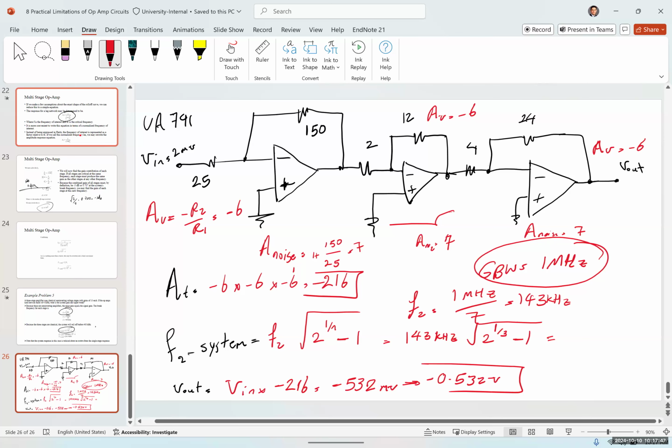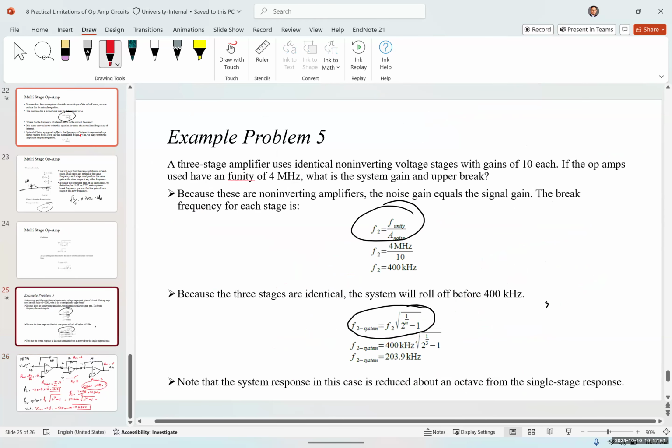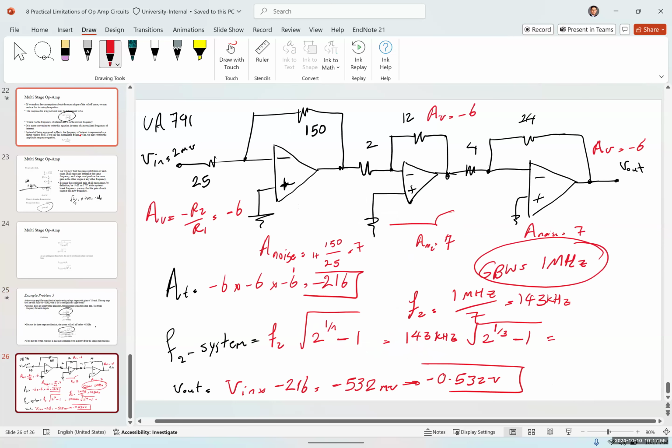What do you have? 73? When I did my F2 of the system, I didn't round my 143 kilohertz, I used 142,857. What is your answer? 72. 72 point something? There shouldn't be that big of a difference.